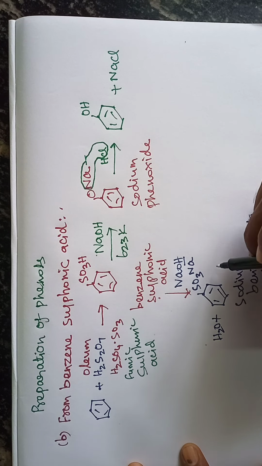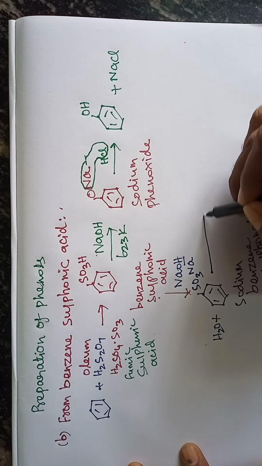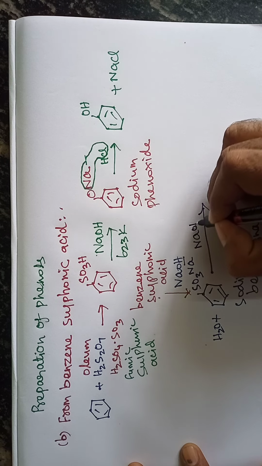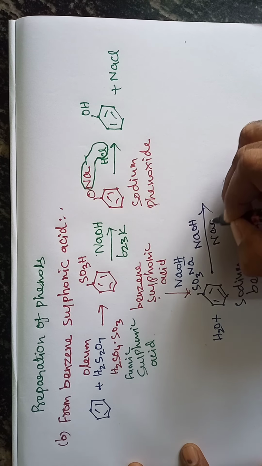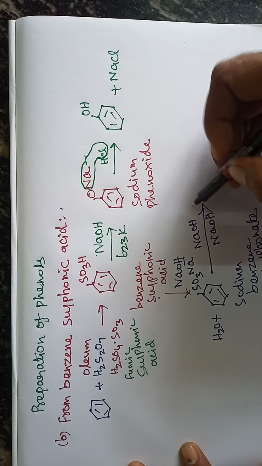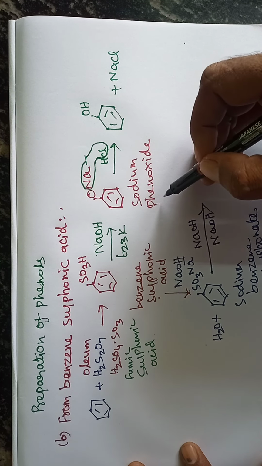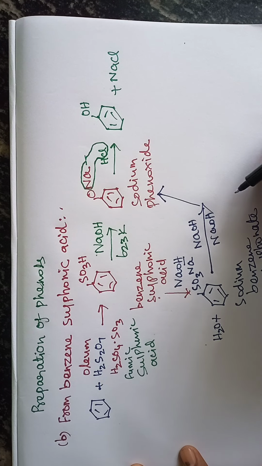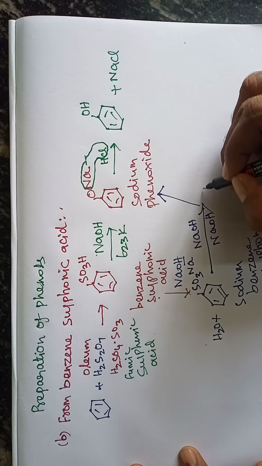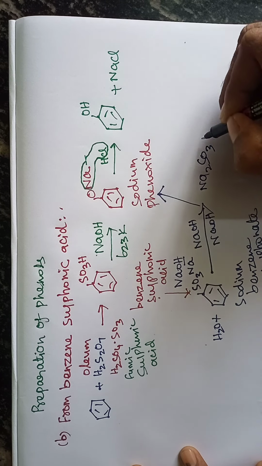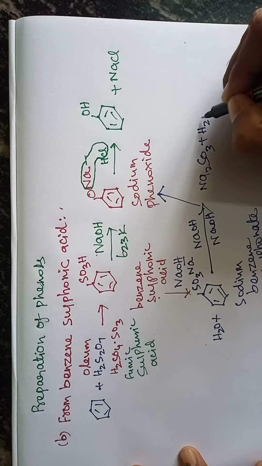This sodium benzene sulfonate is treated with excess sodium hydroxide, taking 2 moles of sodium hydroxide. It gives sodium phenoxide, and sodium sulfite, Na2SO3, and water.